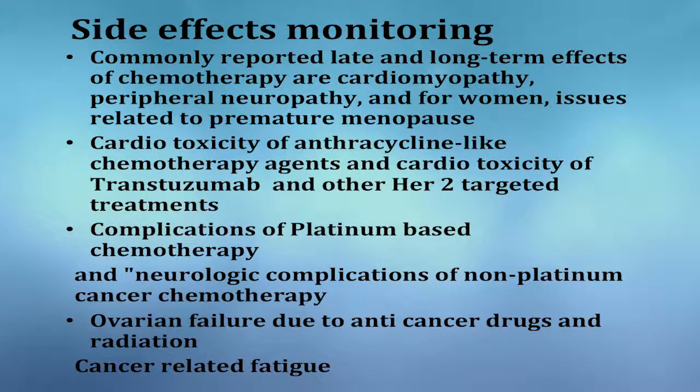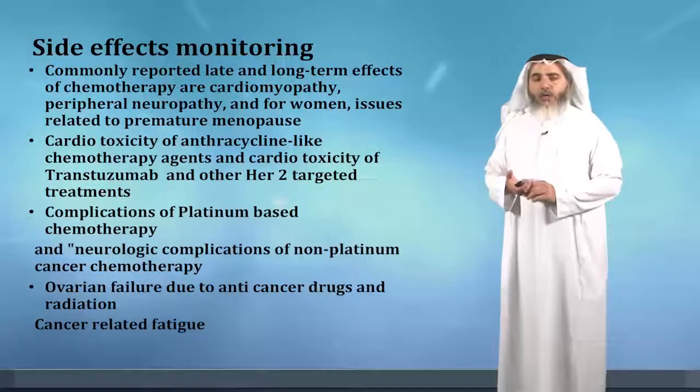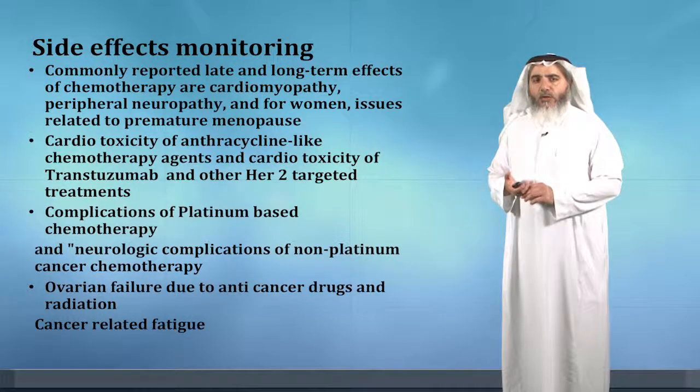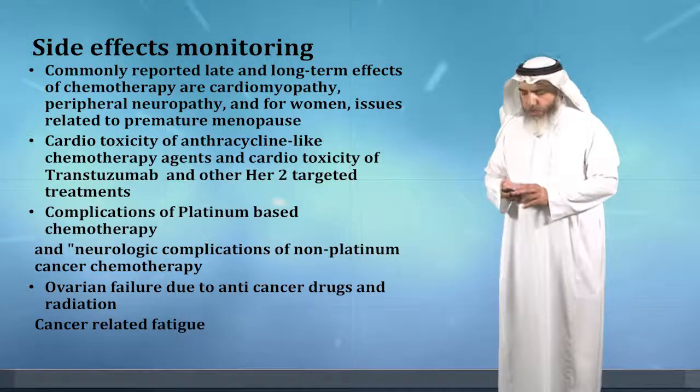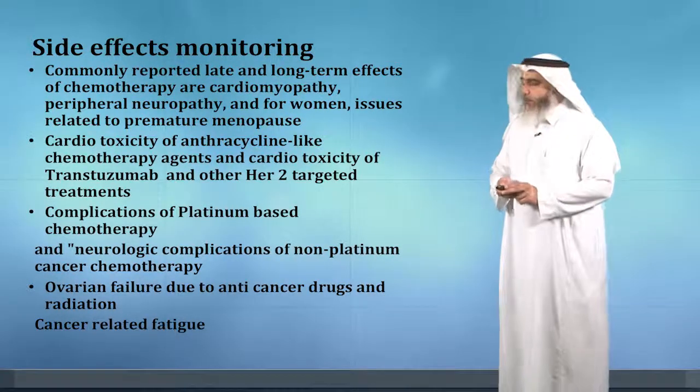In patients who have cardiac toxicity from anthracycline chemotherapy or trastuzumab, echocardiography is important as a modality for investigation. In patients with pneumonitis, CT scan is a good modality for surveillance, and also pulmonary function tests. For ovarian failure, if the patient received an alkylating agent or a specific chemotherapy affecting the endocrine function of the ovary or testis, they need follow-up with specific blood tests to see the function of the ovary.